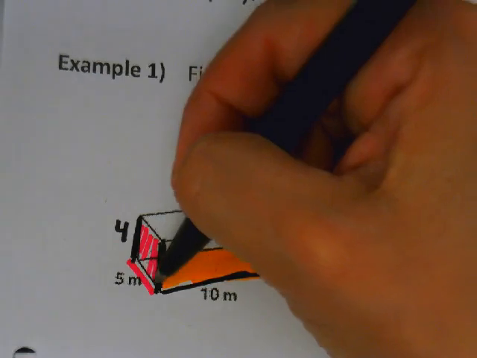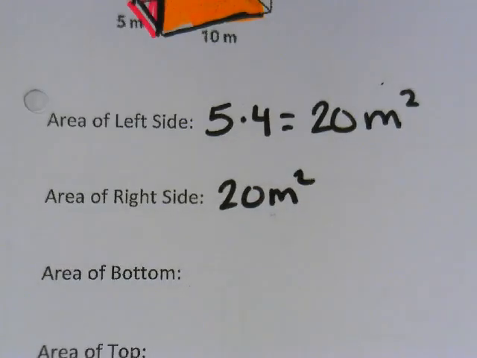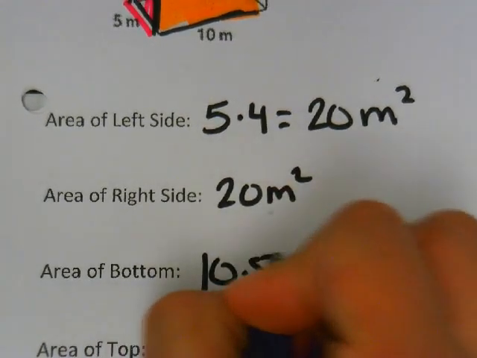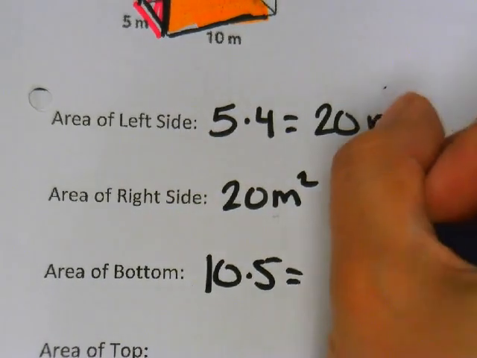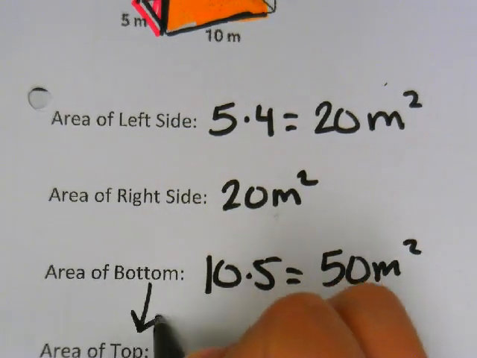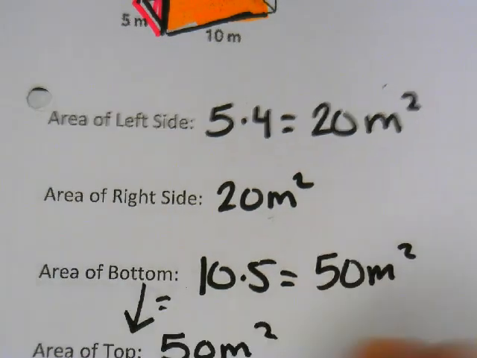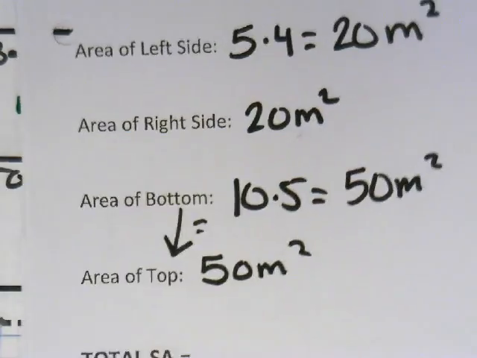And then what is this number going back? 5. So the bottom is going to be 10 times 5, which is 50 meters squared. The bottom and the top are equal, so this would also be 50 meters squared. So if the top is 50 meters squared, then the bottom is 50 meters squared.